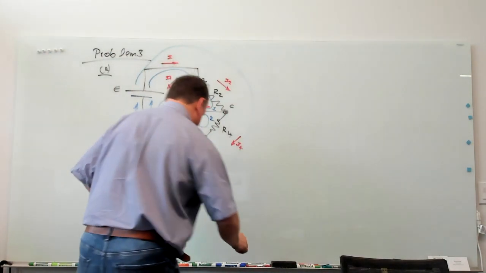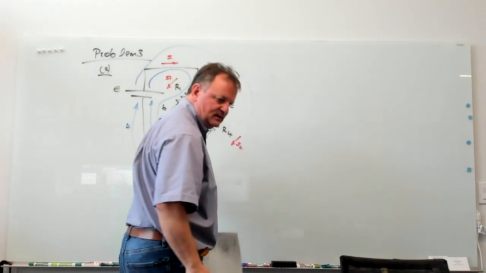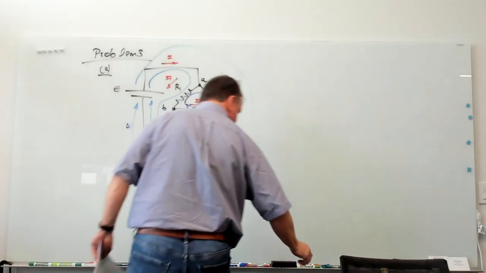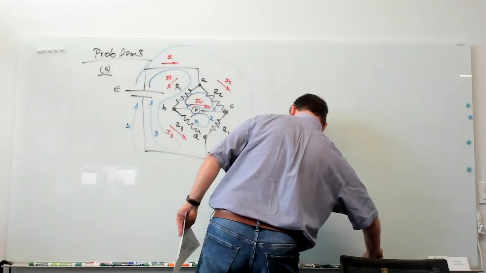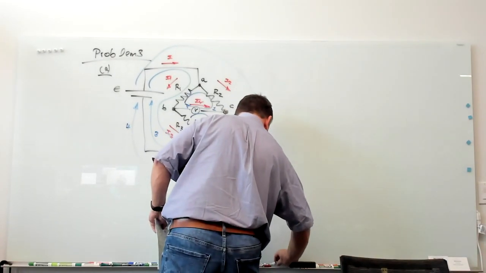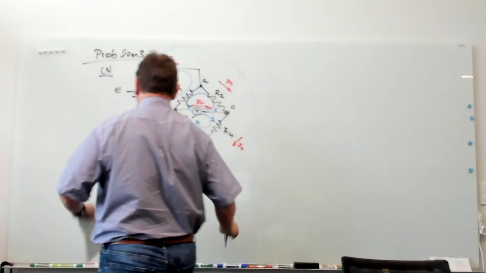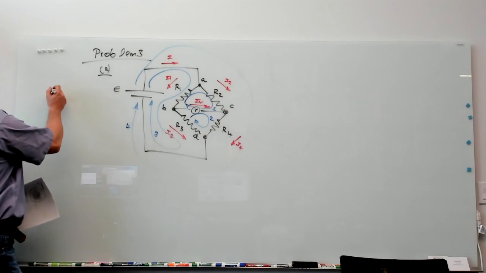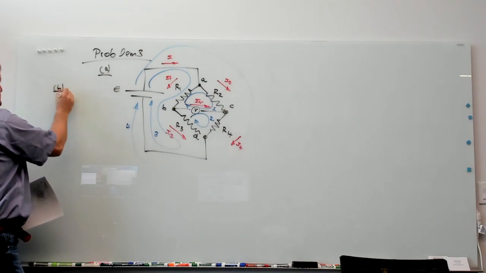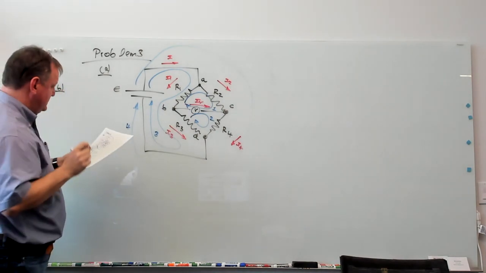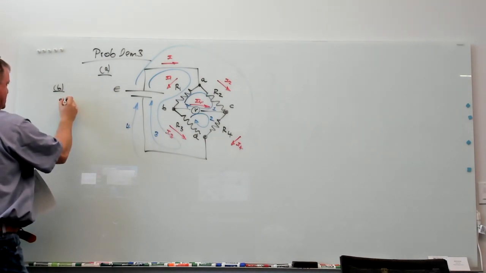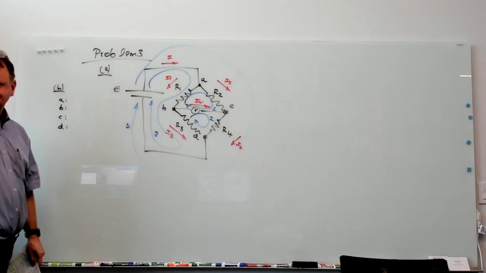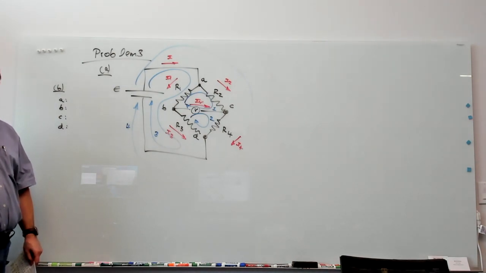Okay, so now in part B, you were supposed to translate this diagram into an equation concerning first the junction rule. And for the junction rule, I want you to clearly label this A, B, C, D, however many junctions you in fact really have.